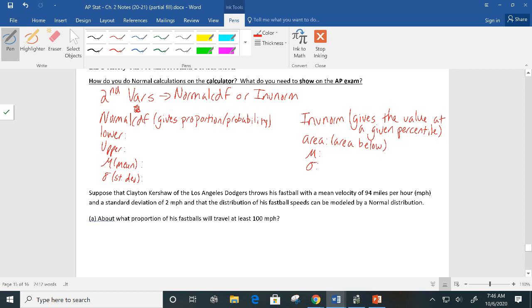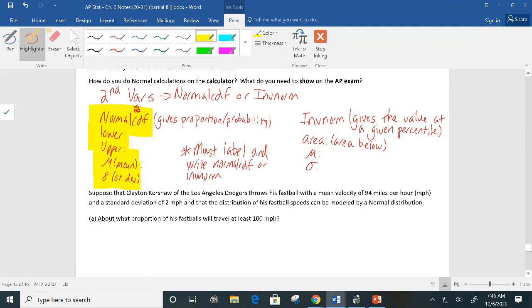The most important thing when you're dealing with any of these types of problems is you must label everything. And you have to write NormalCDF or inverse norm. So you can't just give me the answer. You have to write NormalCDF, lower bound, upper bound, mean, standard deviation.